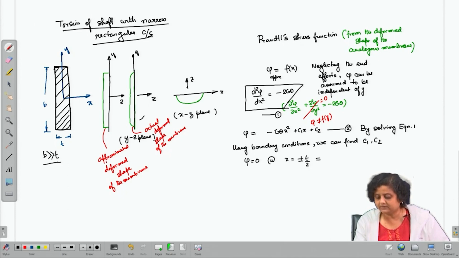Now, by imposing this condition, we get 0 equals minus G theta t square by 4 plus C1 t by 2 plus C2. Similarly, we get another equation at x equals minus t by 2.